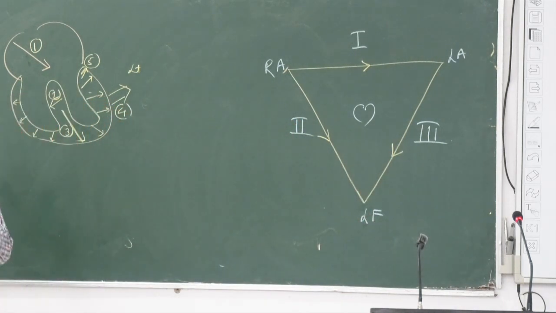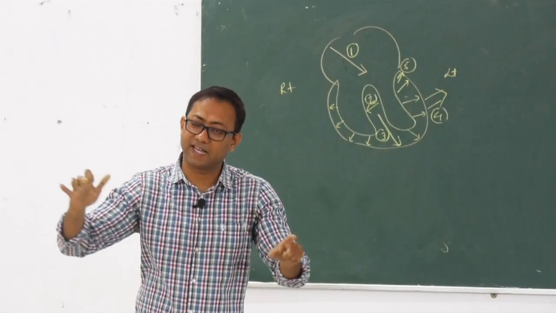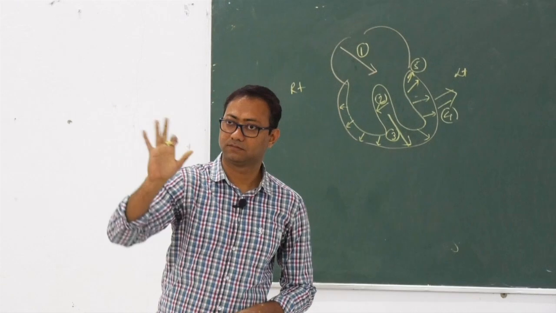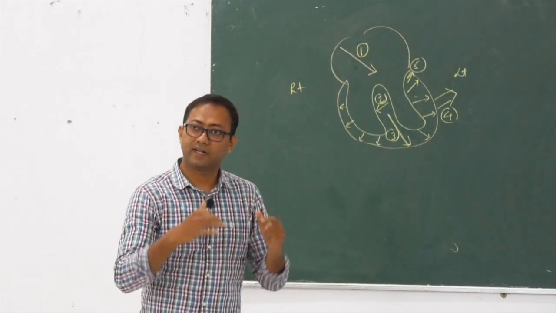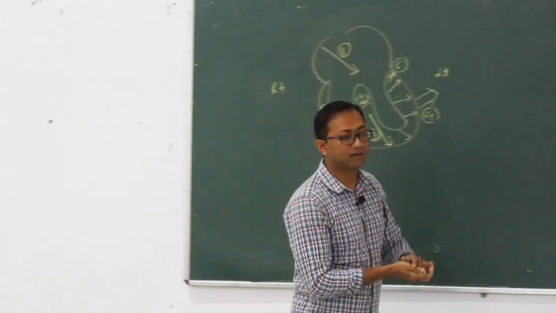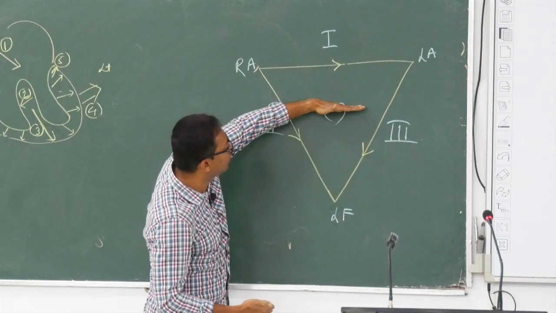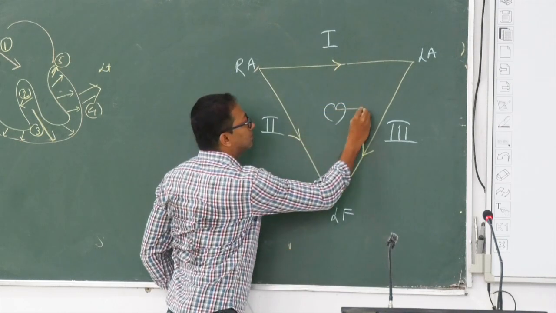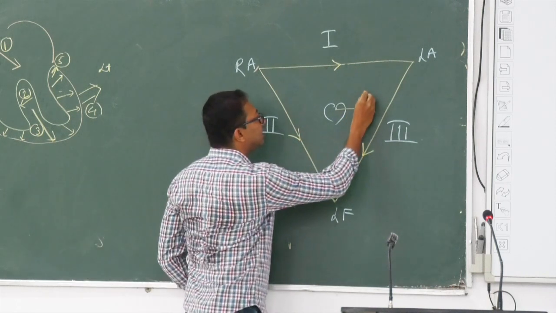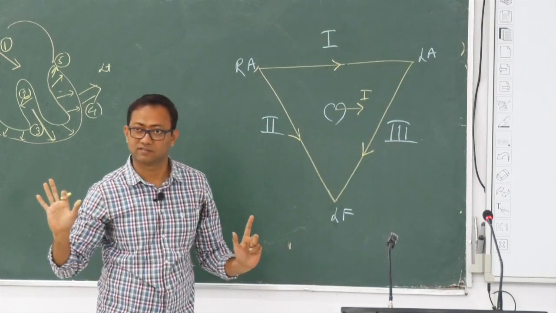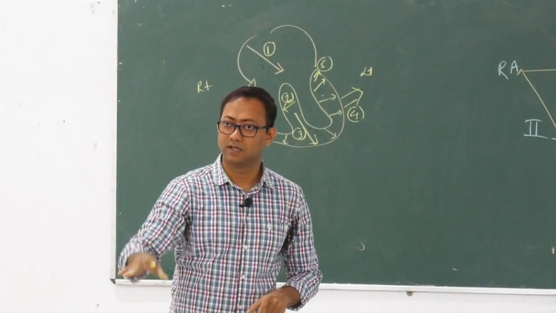Correct? Now we can shift all those lines parallel. So if the center is the heart, let's move lead 1 parallel. So moving lead 1 parallel from the center of heart. Correct? We can do this because of the vector. So parallelly we can do this.